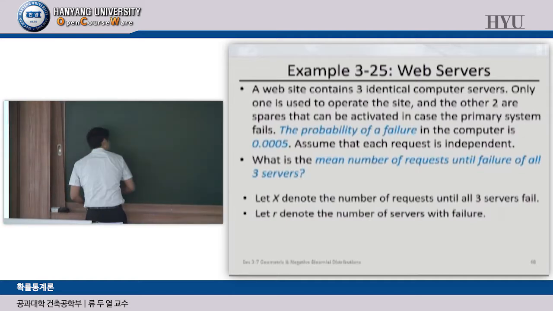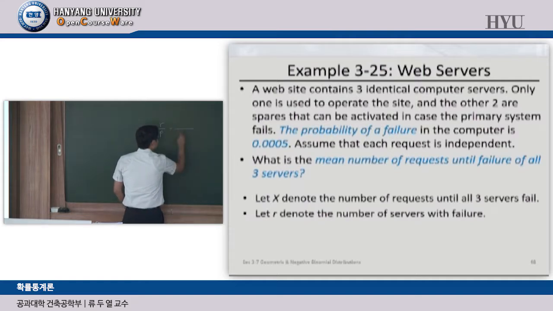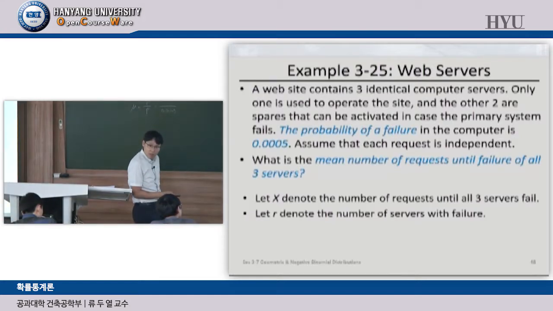Based on the previous slide, the mean mu for the negative binomial distribution can be calculated by r over p, right? In this case, the probability p is 0.0005. And what is r? R is the number of servers with failure.